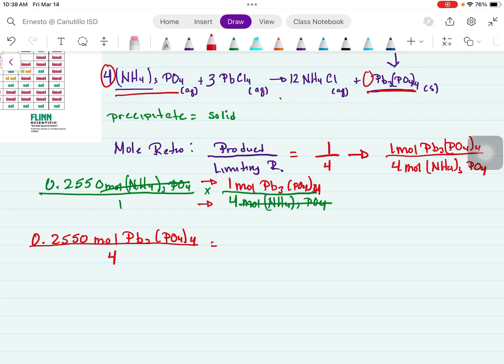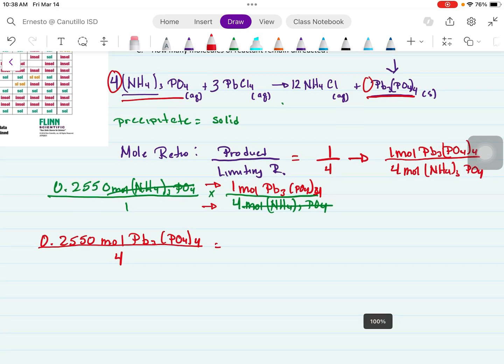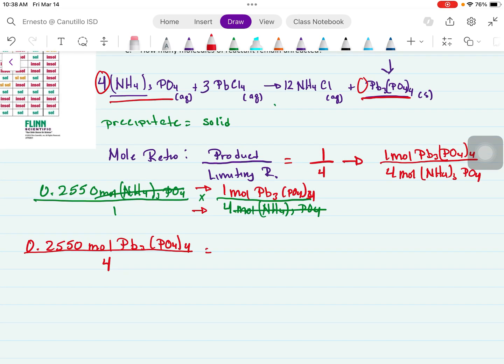So when you multiply everything out and you divide, you should end up with 0.06375 moles of lead 4 phosphate. Okay? This is how many moles of precipitate were formed. Now, the question is asking for grams, right?